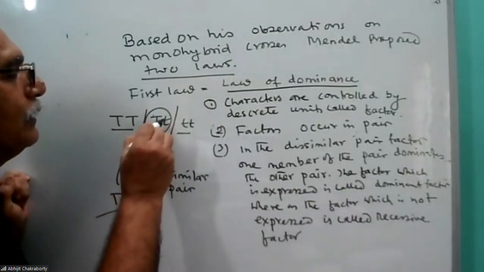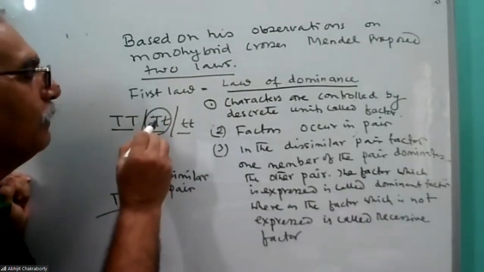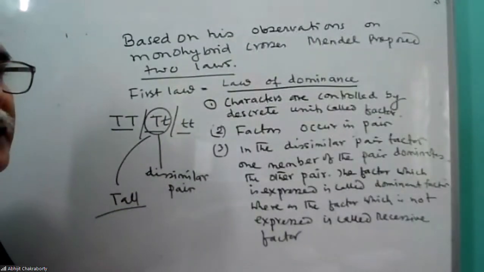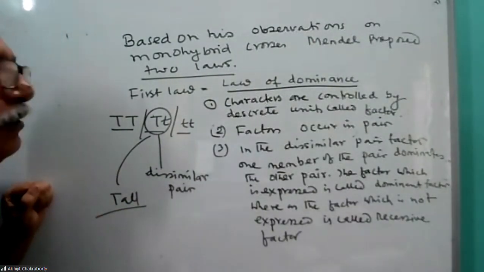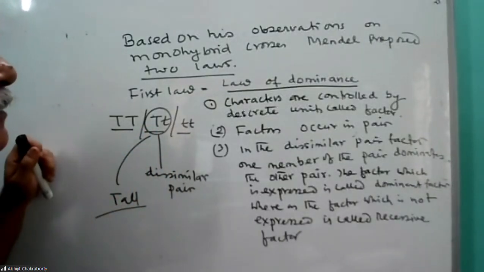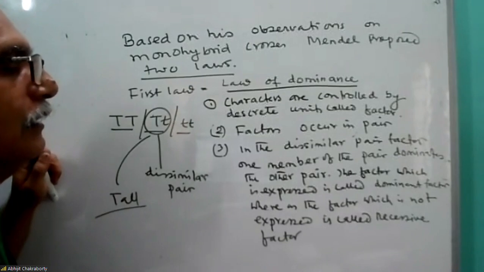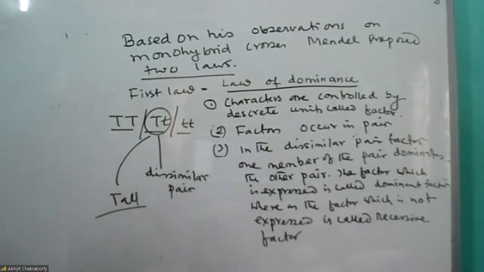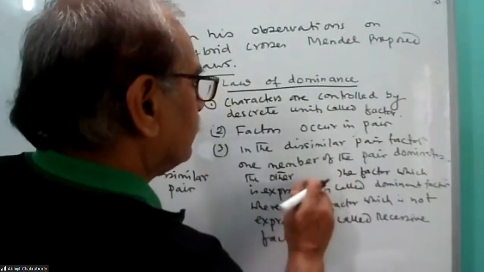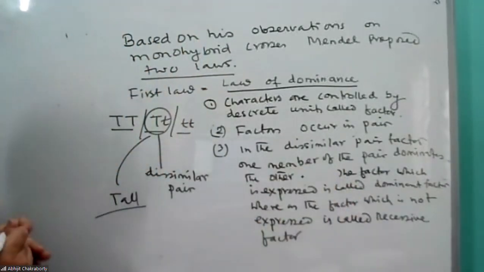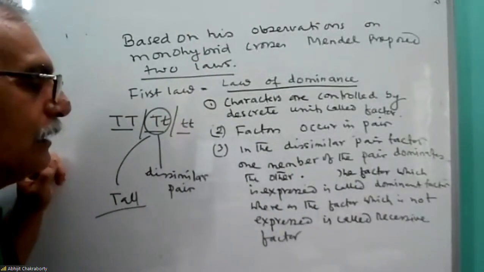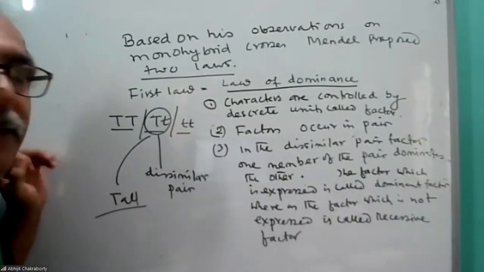Capital T is expressed, small t is not expressed. So one factor is expressed, which is the dominant factor, and the other factor is suppressed or not expressed, the recessive factor. In the dissimilar pair of factors, one member of the pair dominates the other. The factor which is expressed is called the dominant factor, whereas the factor which is not expressed is called the recessive factor. Clear now?